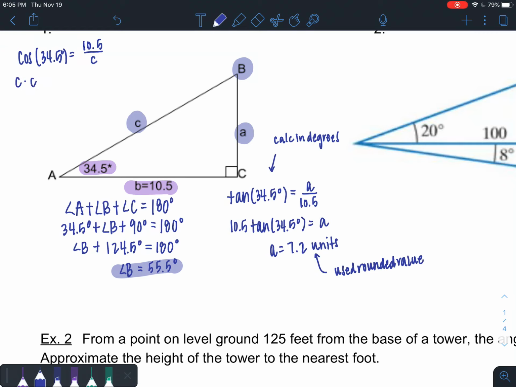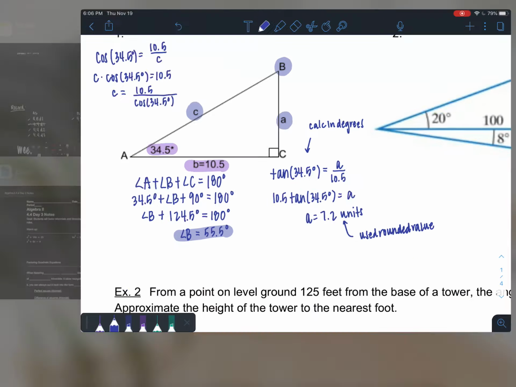So if I multiply both sides by c, I get c times cosine of 34.5 equals 10.5. And then if I divide by cosine on both sides, I get c equals 10.5 divided by cosine of 34.5. So I'm going to go ahead and plug that into my calculator, making sure that it's in degrees.